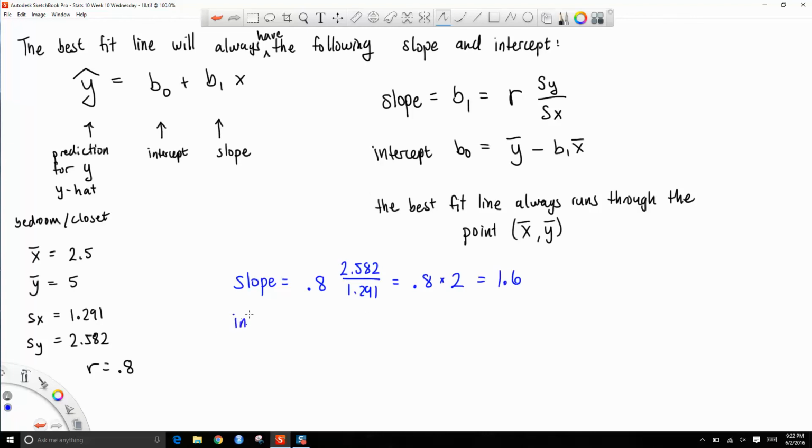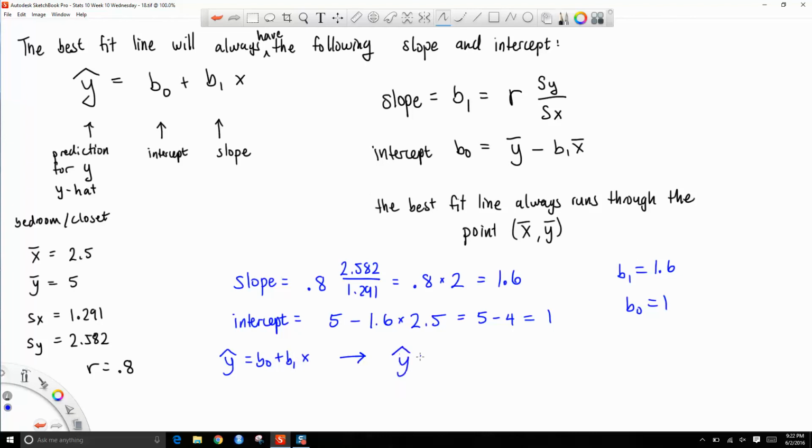The intercept is y bar 5 minus the slope 1.6 times x bar 2.5, which is 5 minus 4, giving an intercept of 1. So b1 is 1.6, b0 is 1, and y hat equals 1 plus 1.6x.